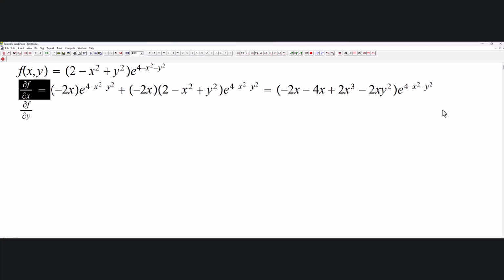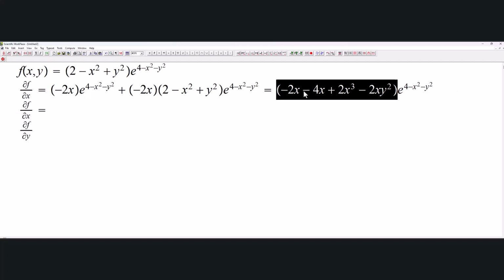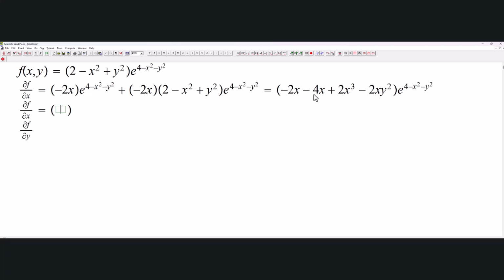I'm bringing it down in the second line, right here. If we simplify, what we have is that we got negative 6x plus 2x cubed and all that. So this becomes negative 6x once we combine these two. And of course, this stays as it is.